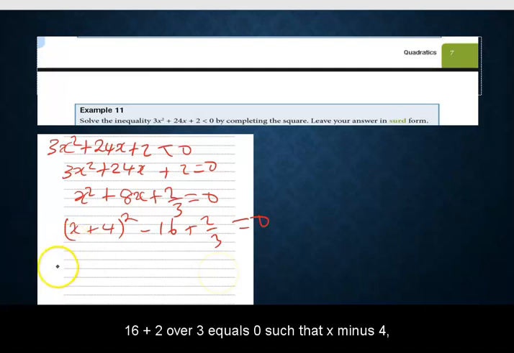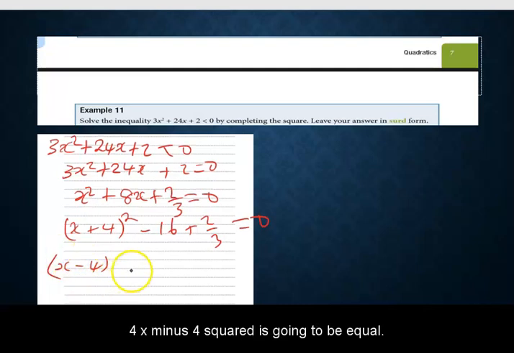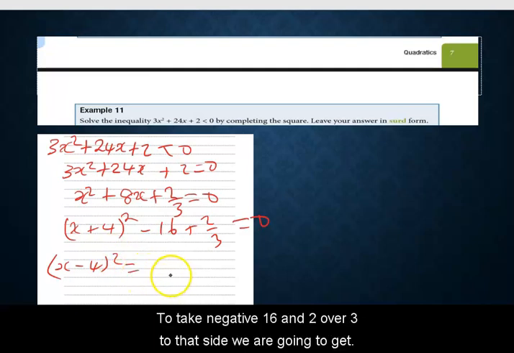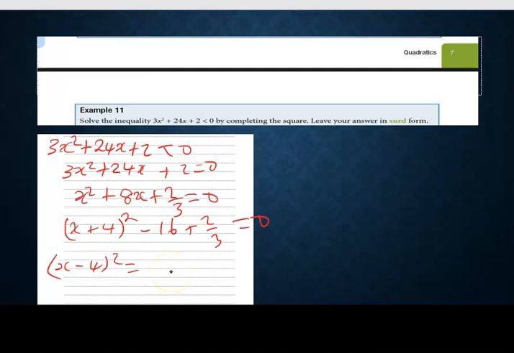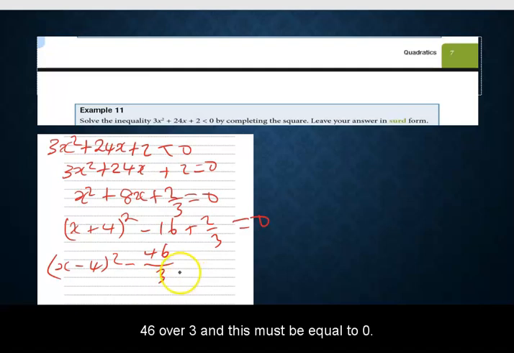Such that x minus 4 squared is going to be equal to, take negative 16 and 2 over 3 to that side, we are going to get minus 46 over 3, and this must be equal to 0.